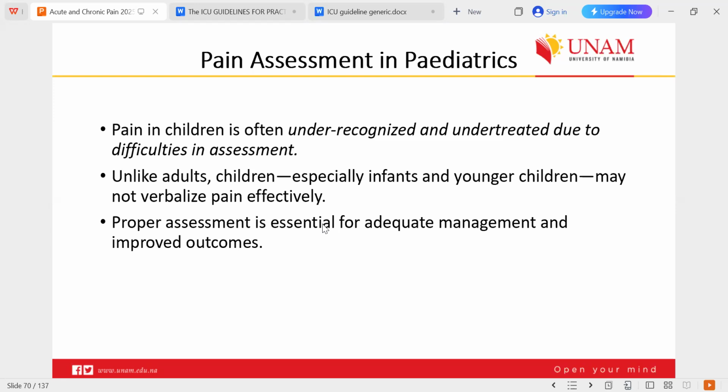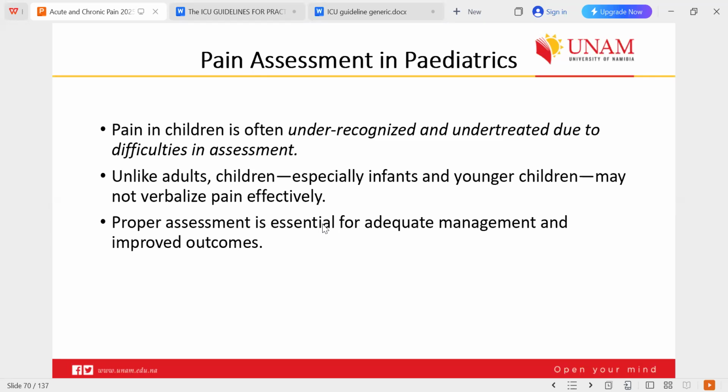Some time ago, I saw online how some people try to interpret an infant's cry. If the baby cries in a particular way, it means the baby is hungry. If it cries in a particular way, it means it's in pain. But all that is subjective, and that makes pain management in pediatrics very difficult.